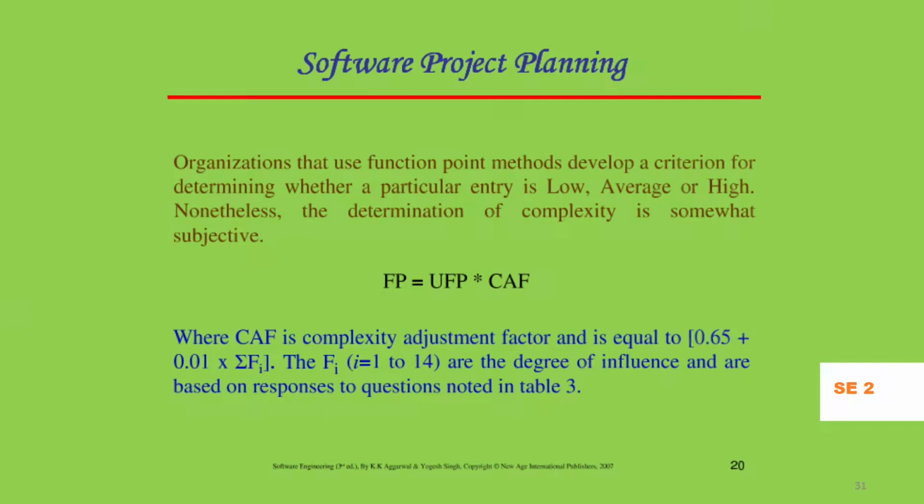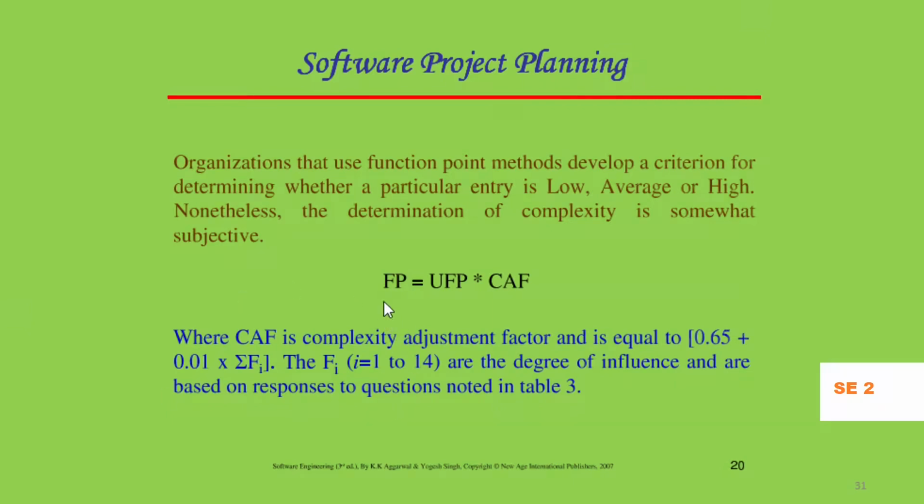For example, in your project, I will be giving you a constant value for low, average, and high. Pero pwedeng sa ibang institution, pwedeng may sarili silang value for low, average, and high. So kaya nga siya subjective.